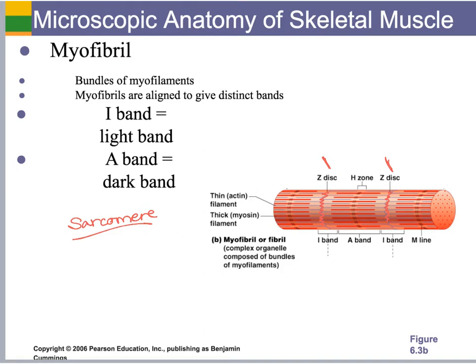And then the entire myofibril is composed of our myosin filaments and our actin filaments. And we need to know that the myosin filaments are the thick filaments, and the actin filaments are the thin filaments.